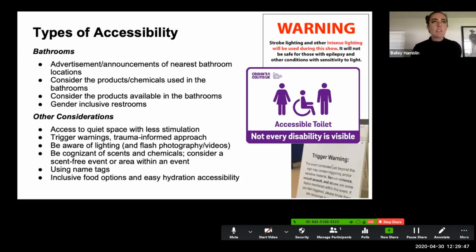It's great to have that available from the start instead of having folks feel uncomfortable needing to constantly ask for reminders of folks' names. And then considering different food options for folks with allergies and other dietary related impairments, and easy hydration accessibility. So maybe that's pointing out where the nearest water fountain is at the beginning, having accessible water at the programming, I think is great to do.